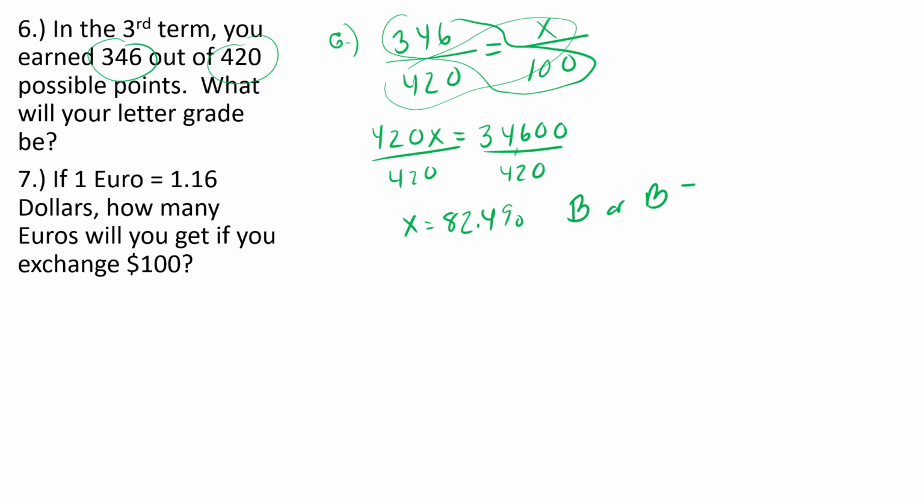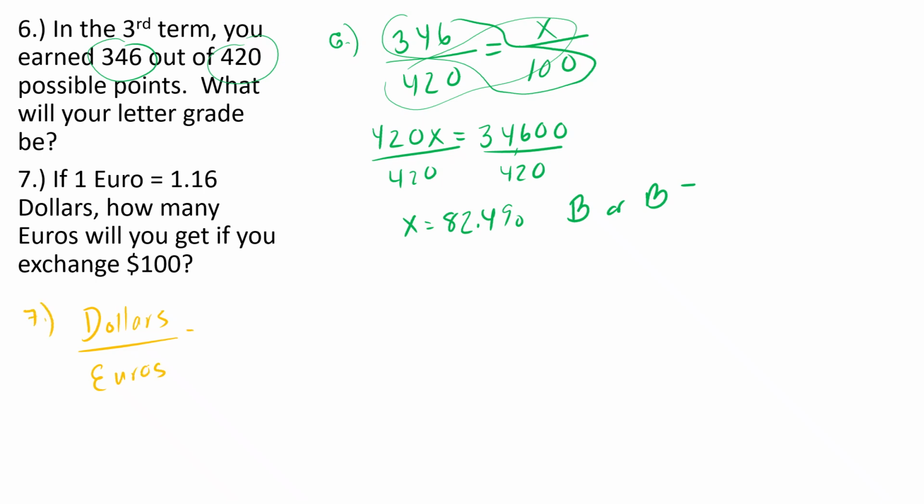All right, next one is another conversion problem. If €1 is $1.16, how many euros will you get if you exchange $100? So I'm going to go ahead and we'll do dollars and euros, but you might have set that up a little differently.